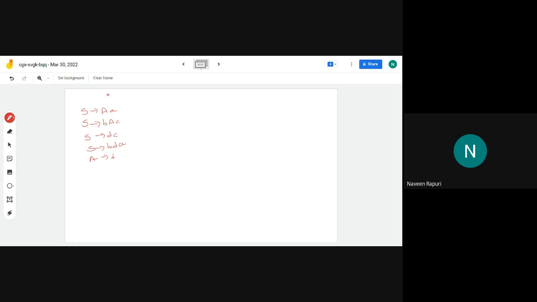So for this grammar, we need to check two things. One is whether it is a CLR1 grammar or not. And second is the number of states in the CLR1 parsing table. By writing the LR1 items of the DFA, we can calculate the states.